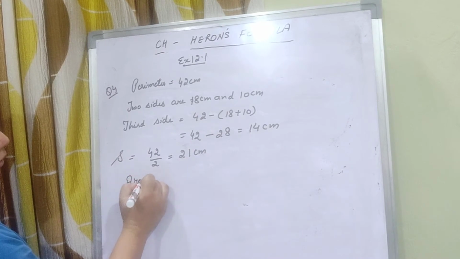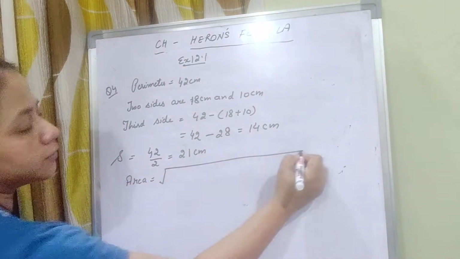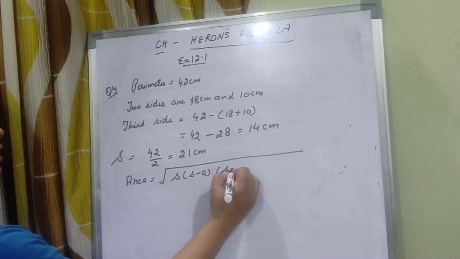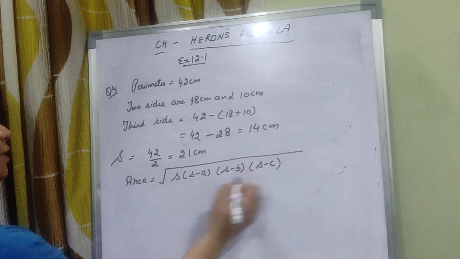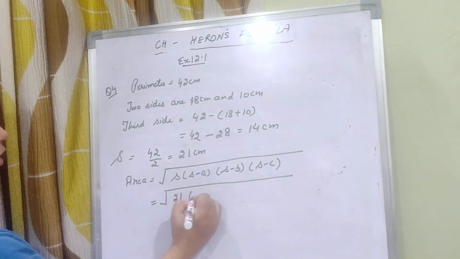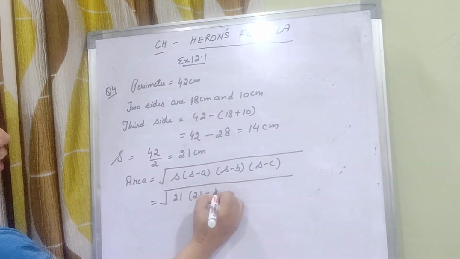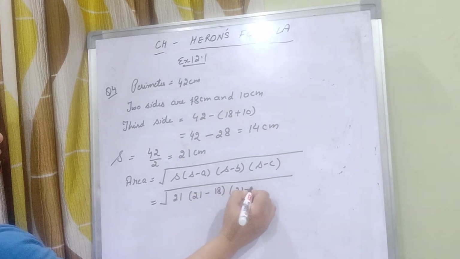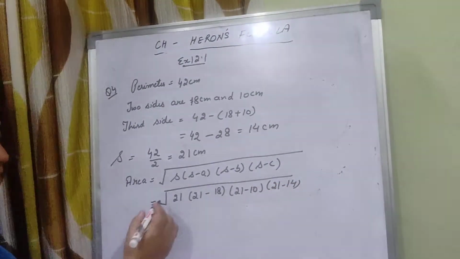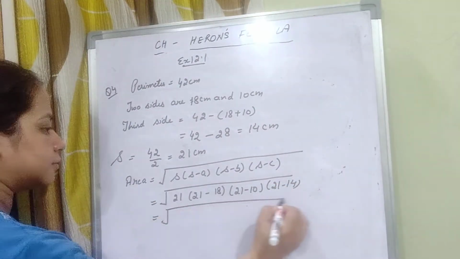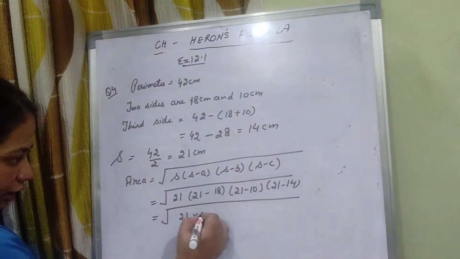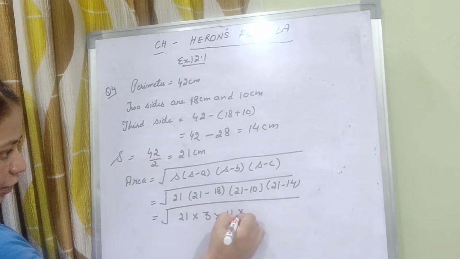Now area is equal to square root of S into S minus A, S minus B, and S minus C. Substitute the value of S: 21, 21 minus 18, 21 minus 10, and 21 minus 14. So 21 into 3 into 11 into 7.